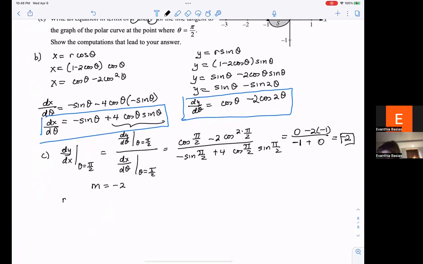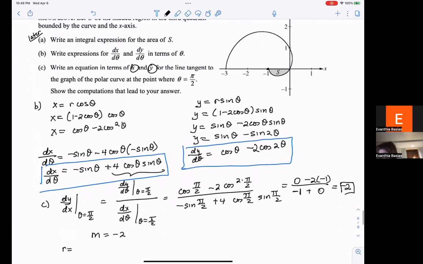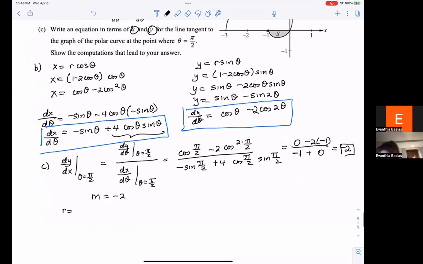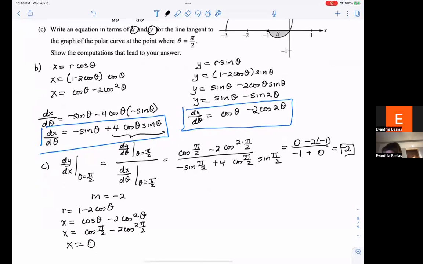So r is equal to 1 minus 2 cos theta, and we know that x is equal to cosine theta minus 2 cosine squared theta. This is where the pi over 2 will go to get x. So that's cosine pi over 2 minus 2 cosine squared pi over 2, and that would give us an answer of 0.